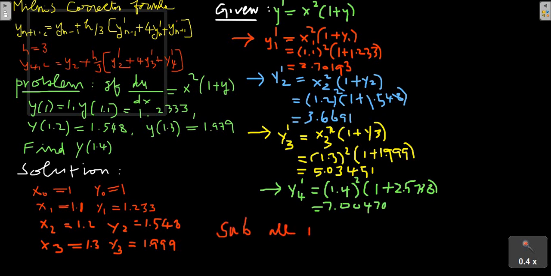the answer you'll be getting is 7.00470. So substitute these values in equation number 1. In this equation, we have to substitute the y2 value. Where is y2? The y2 value is given here, 1.548.